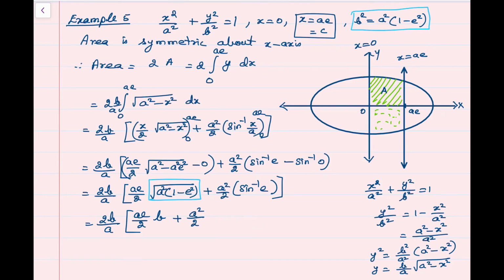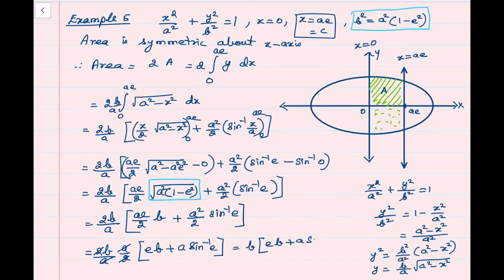A square divided by 2 sine inverse of e. A by 2 is common. We will take a by 2 out. We get eb plus a sine inverse of e. Therefore, the answer is b times eb plus a sine inverse of e.